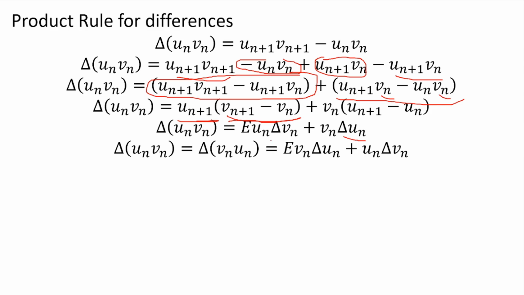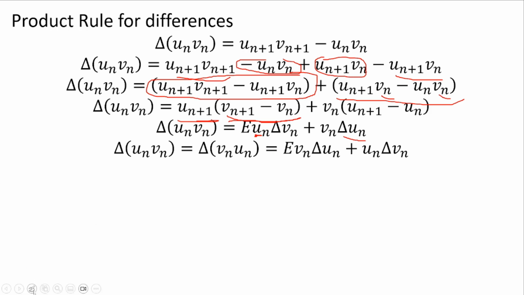So we can write the same formula as before, but replacing u with v and v with u. E u_n will be E v_n, delta v_n will be delta u_n, v_n will be u_n, delta u_n will be delta v_n.